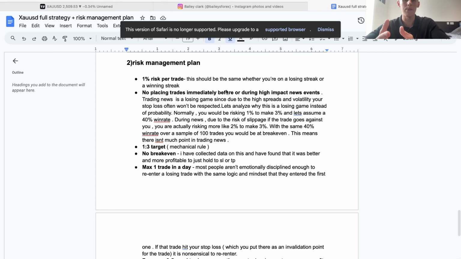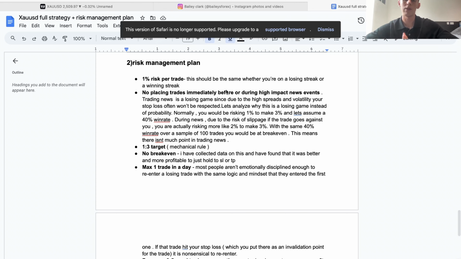Because think of it this way, normally we are risking 1% to make 3%. And let's say we have a 40% win rate, which is realistic. During news, because we have the risk of slippage, which is when price doesn't respect your stop loss because it's moving too quickly for the broker to trigger your stop loss, it's actually the case that we're risking 2 or 3% to make 3%.